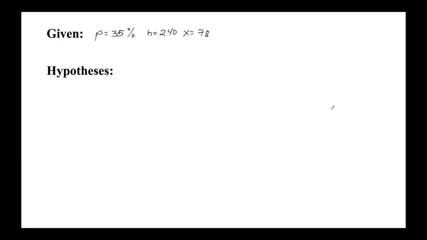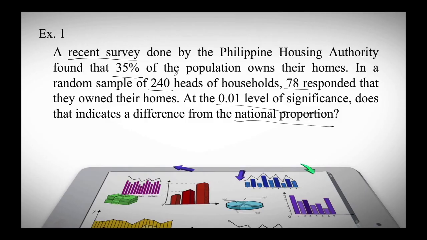Now let's have our hypothesis. First, H sub 0, which is P equals 0.35, or 35%, which we just convert to decimal. Why P equals 0.35? Because the question is, does that indicate a difference from the national proportion? Let's read the problem again. A recent survey by the PHA found that 35% of the population owns their homes.